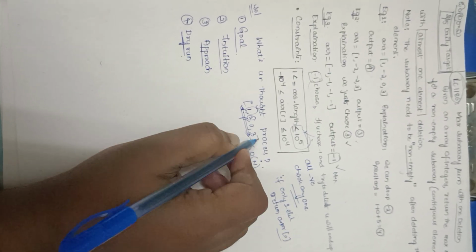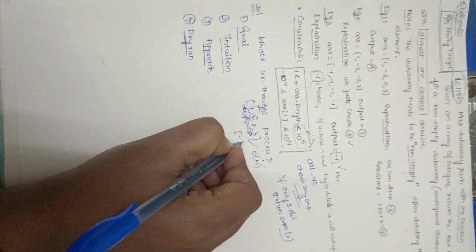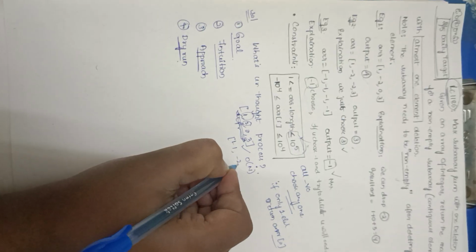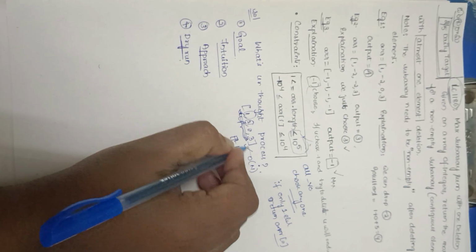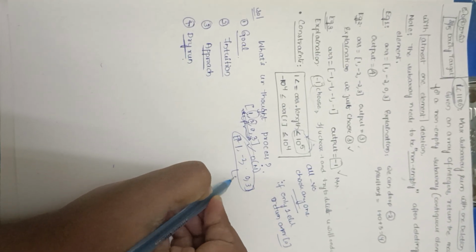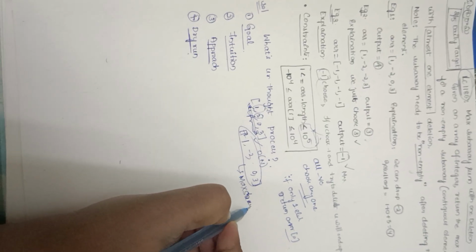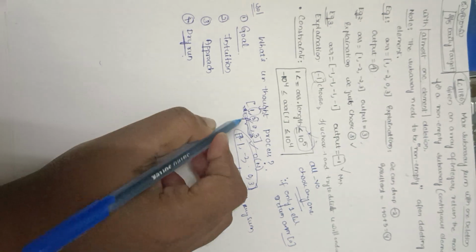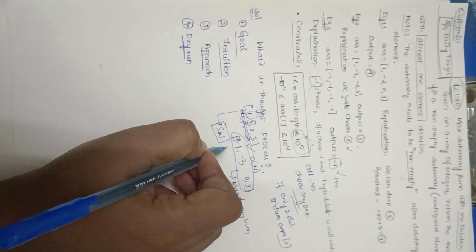But the complexity here is that the given array has negative elements, like plus 1, minus 2, 0, 3 in example 1. To find the maximum subarray sum, we could use the sliding window approach if it had only positive elements.